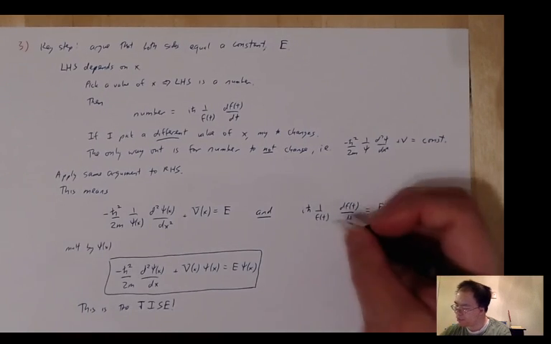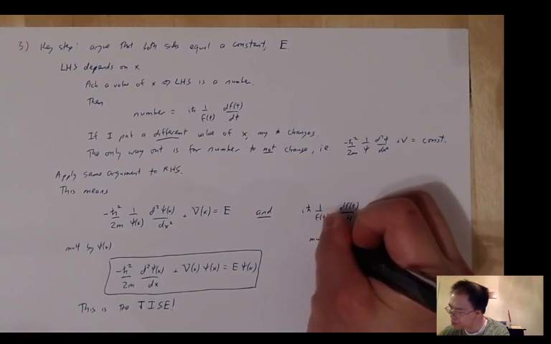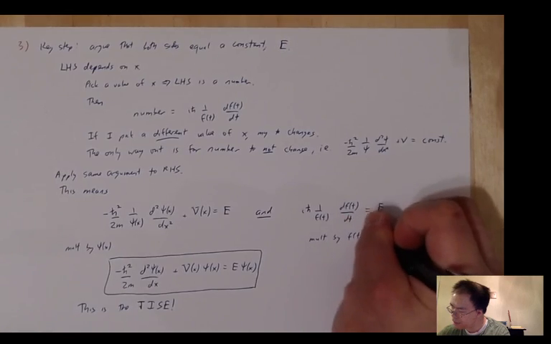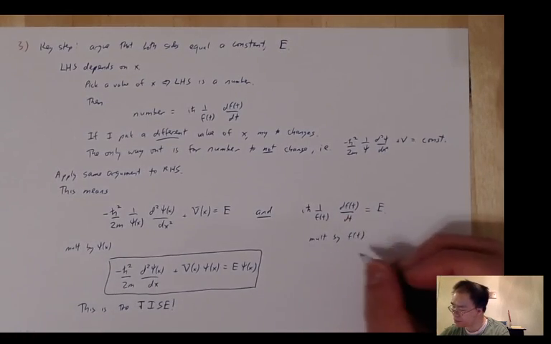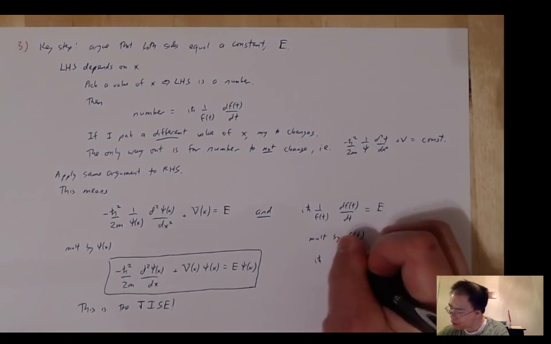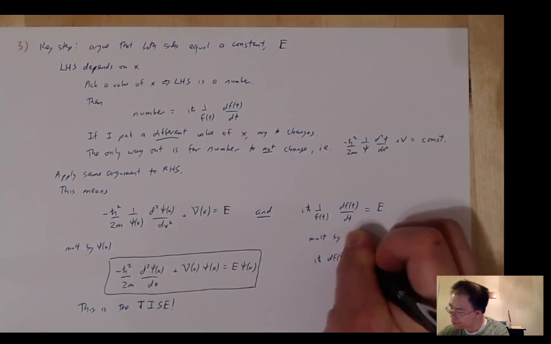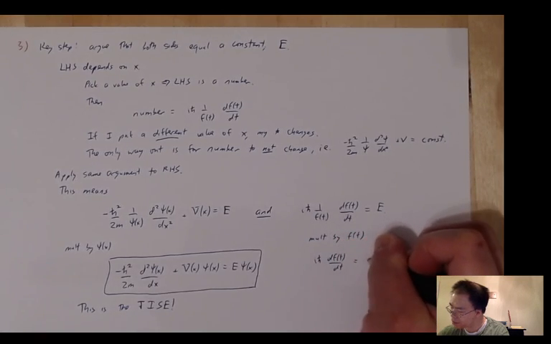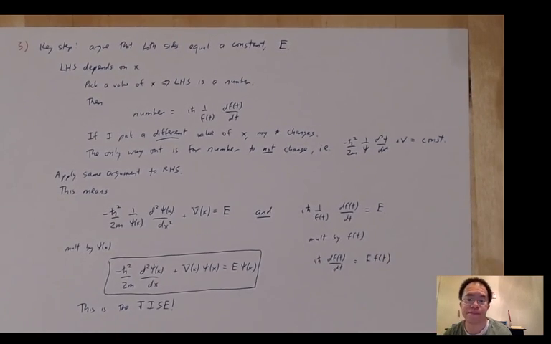Right? So if I multiply by f of t here, now I have i h bar df of t dt equals E times f of t.